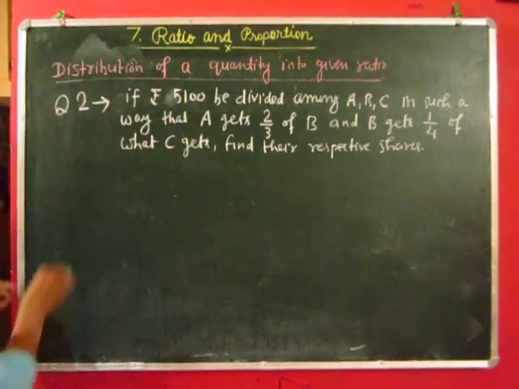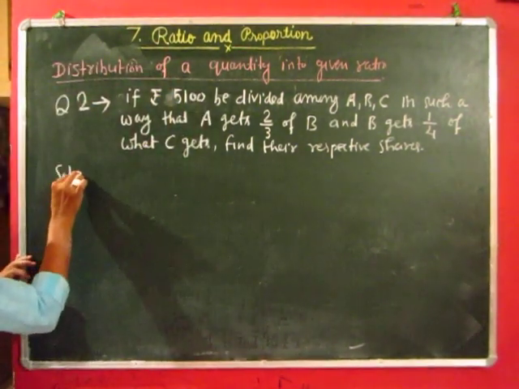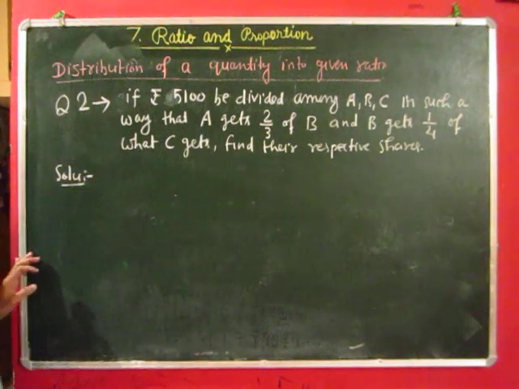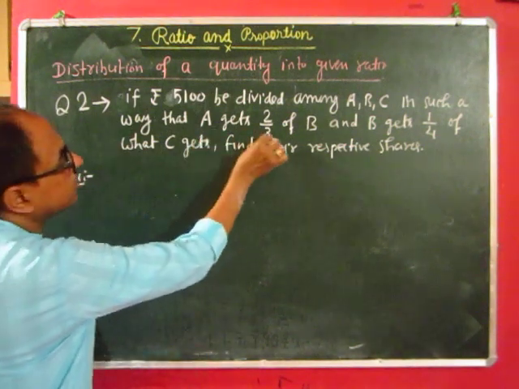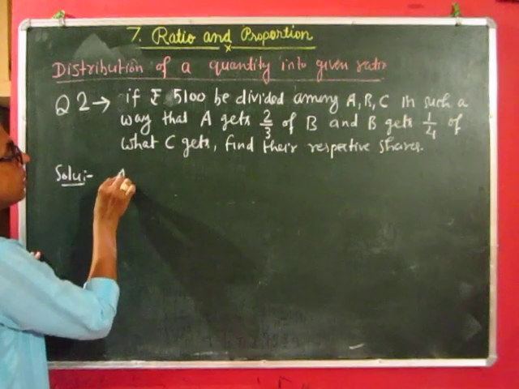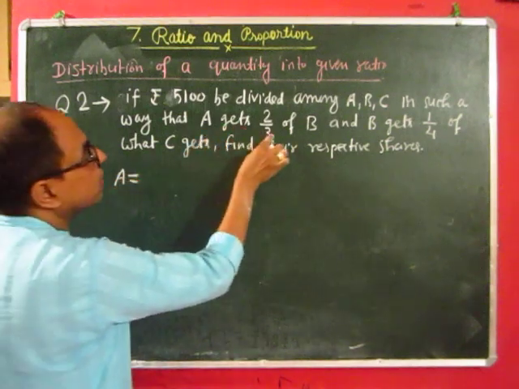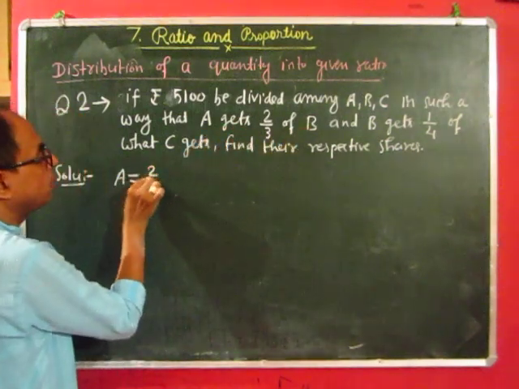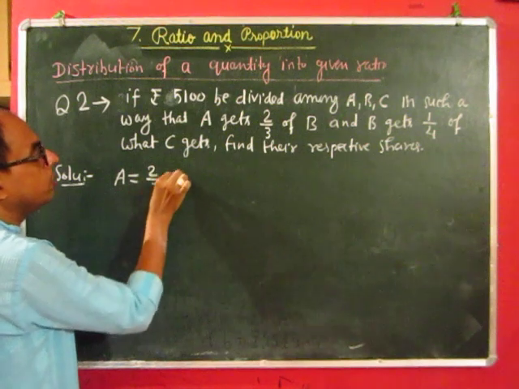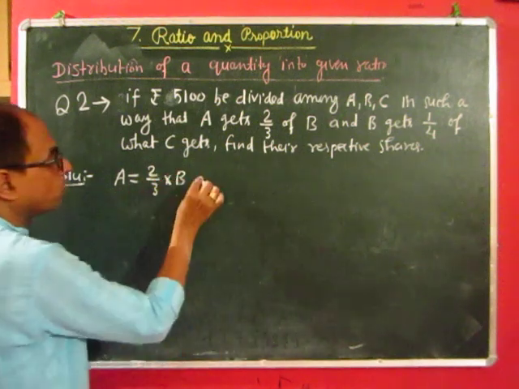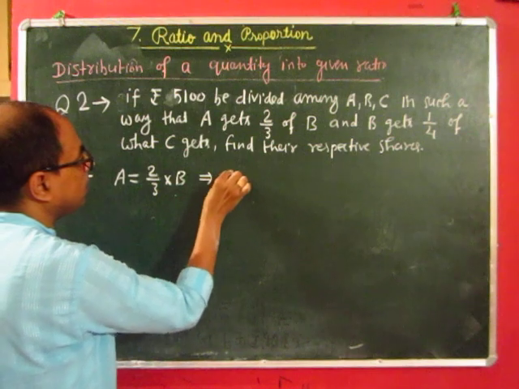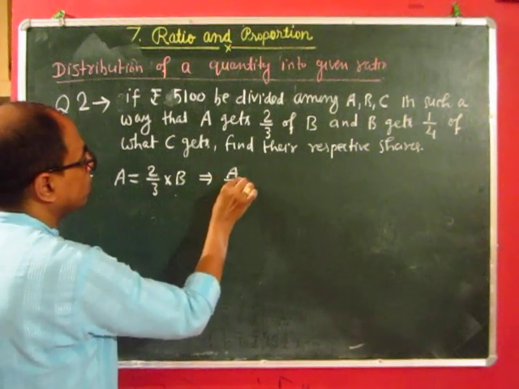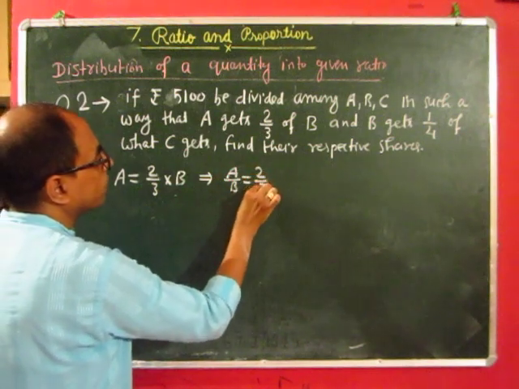So what will be the solution? Here it is given that A gets 2/3 of B. Clear? So from here we can write A by B is equal to 2/3.